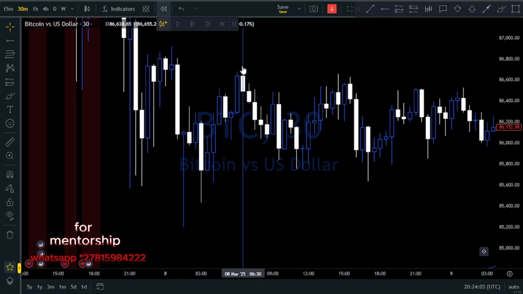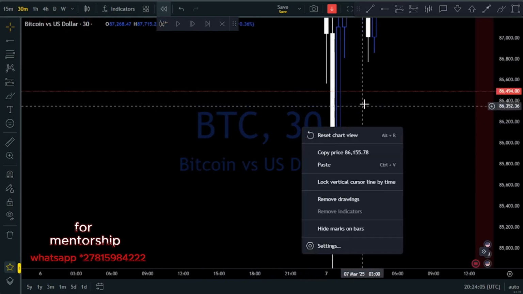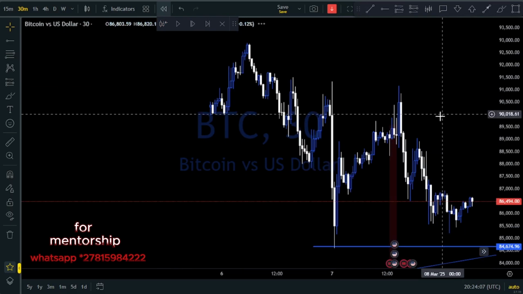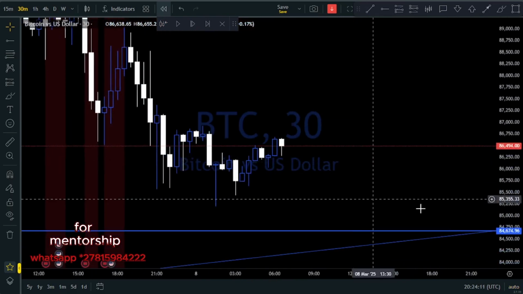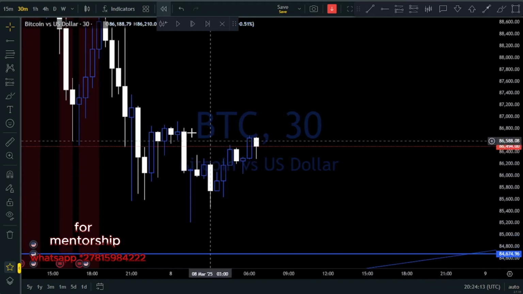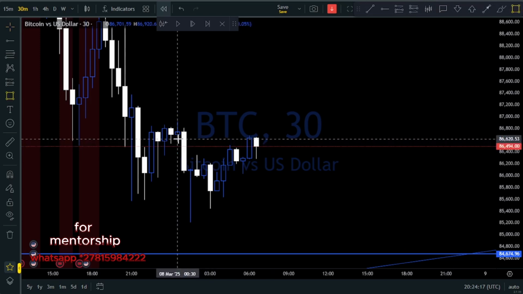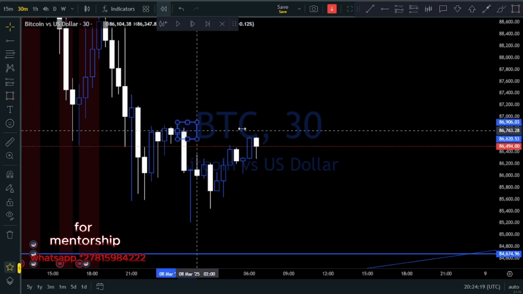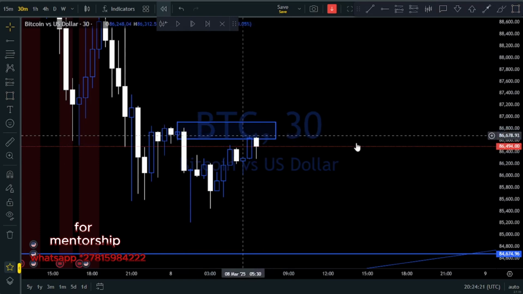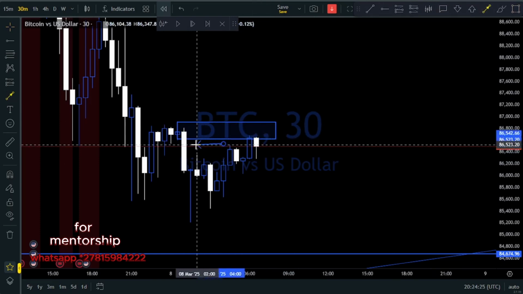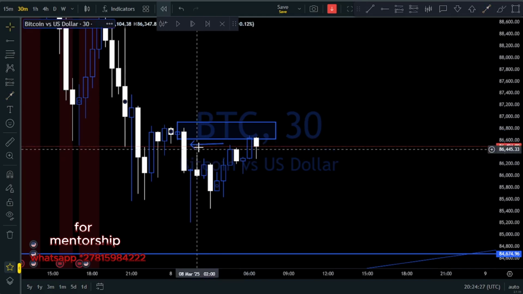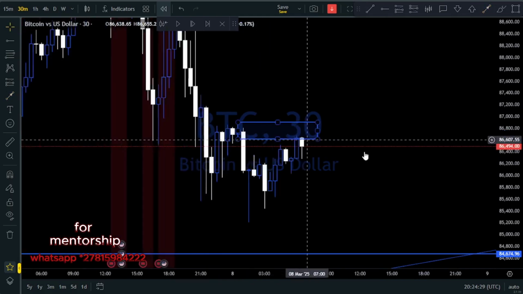I think the market was something here, right? On the smaller time frame. Yeah, this is where the market was. And then I saw this supply zone, and I saw that there's an imbalance here.